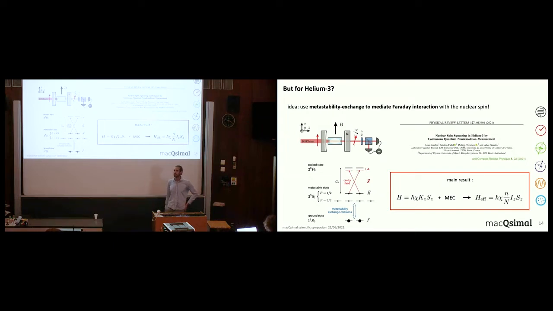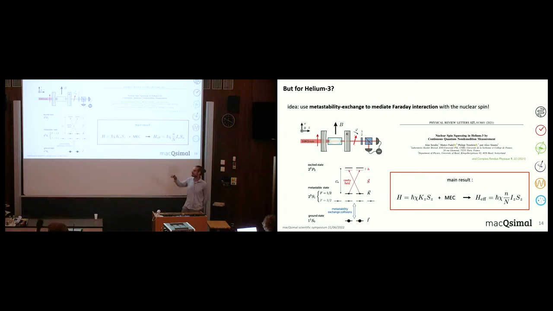So if I understood the answer, this is the rate at which a given metastable atom would exchange with a ground state atom. And if you wanted to use interactions with the metastables to measure the quantum state of the ensemble of ground state atoms, you would need 1 million collision times? Yeah. A second.